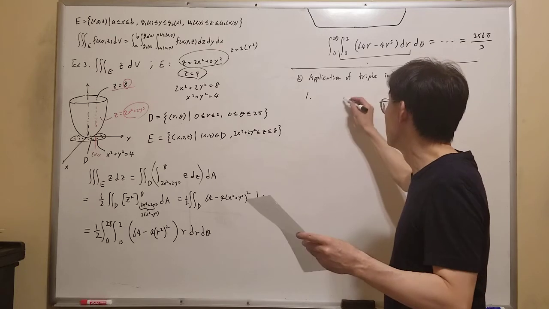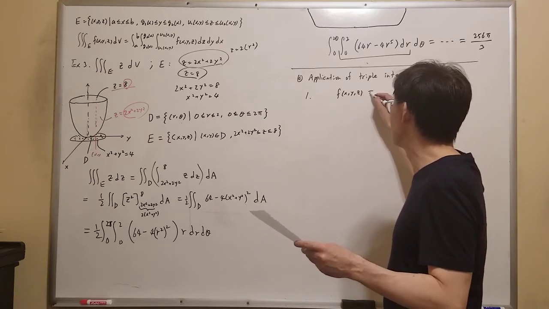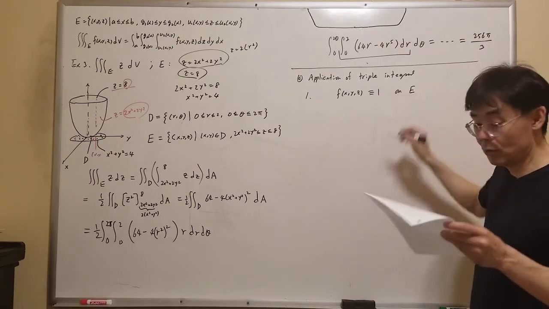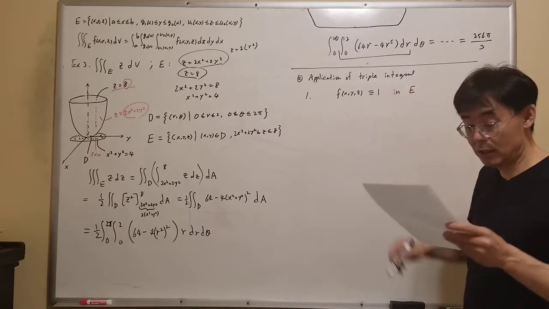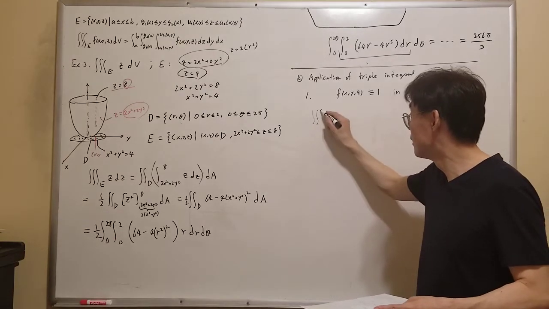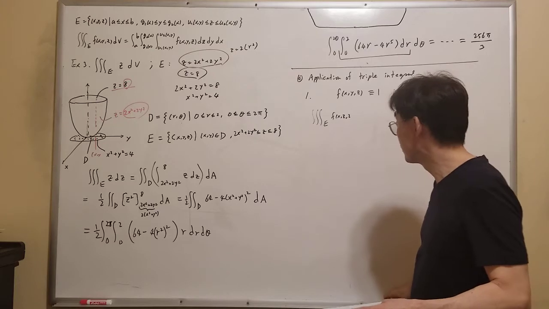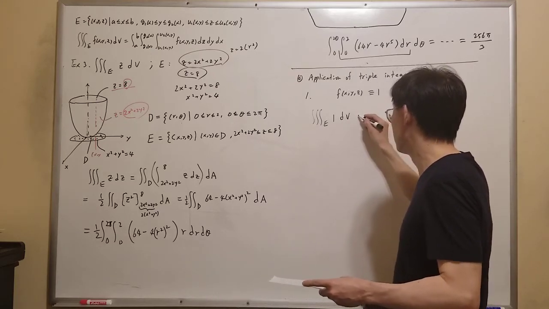Okay. Now, if your integrand function is the constant function 1 in the domain E, in E or on E, I don't know, then what do you have? F of x, y, z is 1. So, 1 dV. Do you remember?